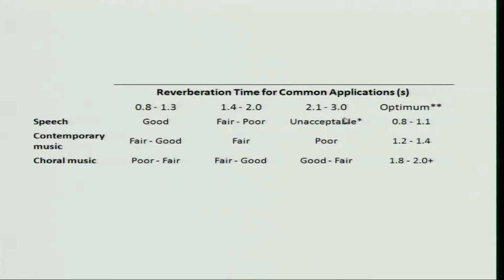If it is higher, then it is unacceptable, and the optimum value is somewhere here. For contemporary music, again there are some recommendations. For choral music, there are again some recommendations. So you will have to figure out what will be the right reverberation time for your need.